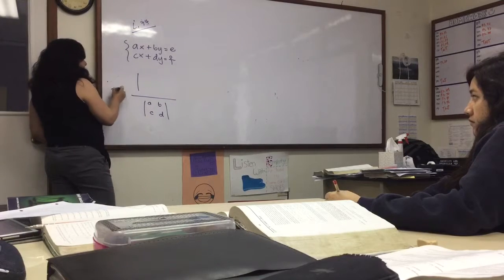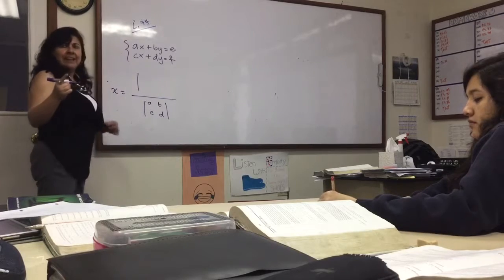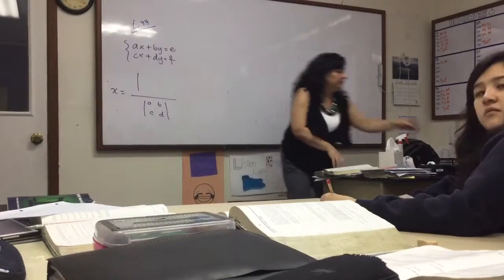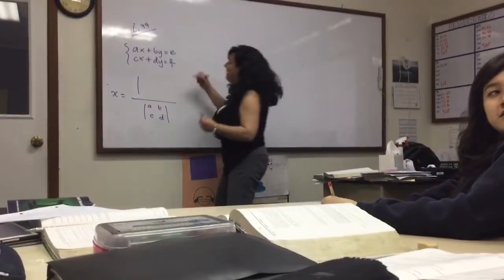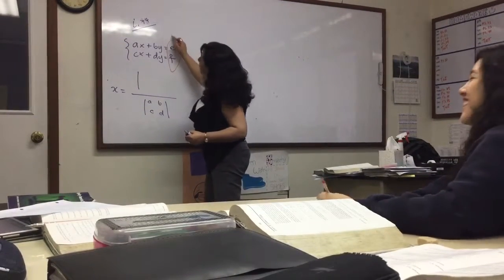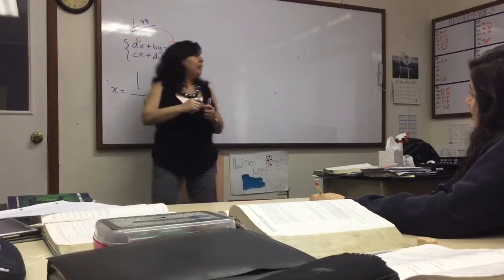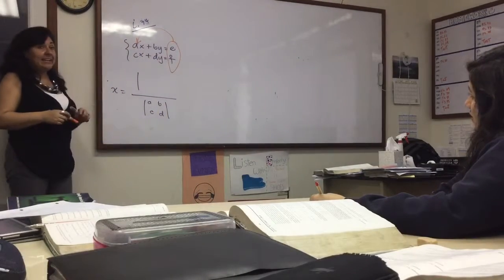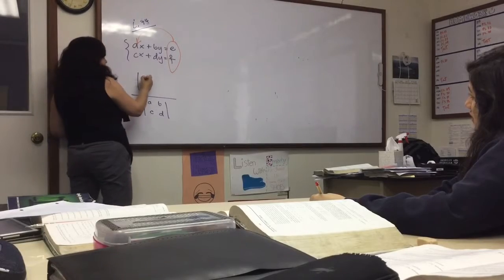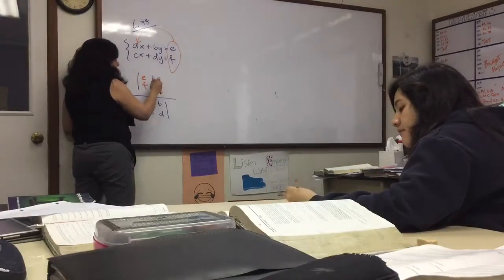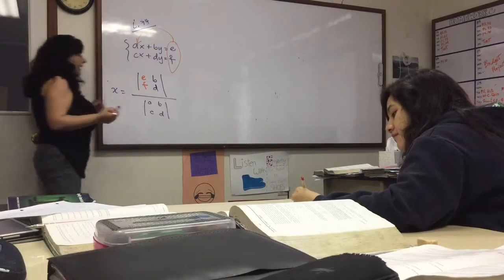But if I want to find x, and I think I mentioned that day, you take E and F, and if this is a line and you only have x's, you put it, instead of the A and the C, I would have E, F, B, D, right? Mm-hmm. And that will give me x.